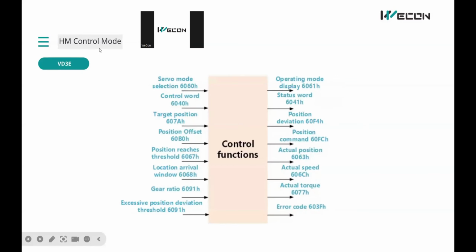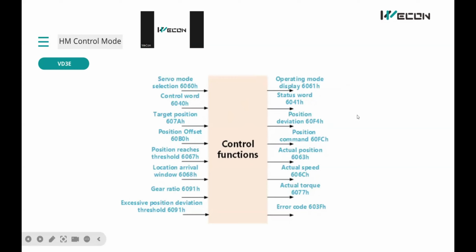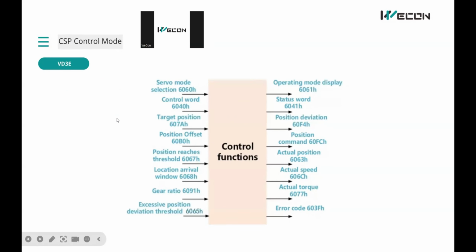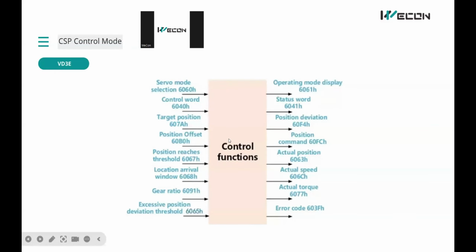And this is for homing mode. For homing mode, we usually need to set the homing mode selection and the homing speed. And for different control modes, we have different control diagrams.